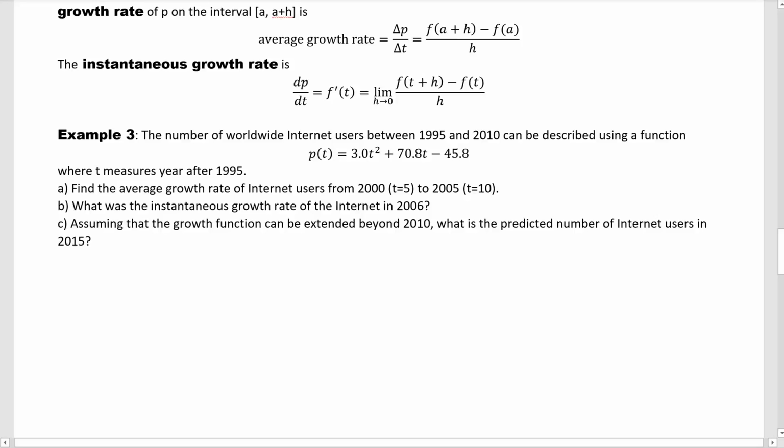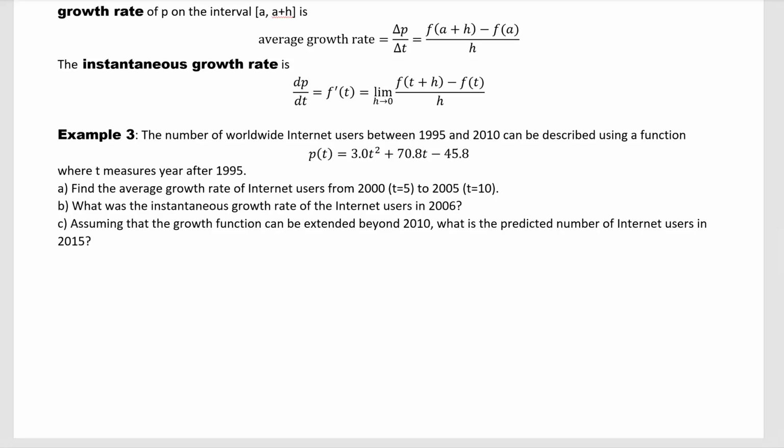Okay? So part B, what was the instantaneous growth rate of the internet users in 2006? Part C, assuming that the growth function can be extended beyond 2010, what is the predicted number of internet users in 2015? Okay.